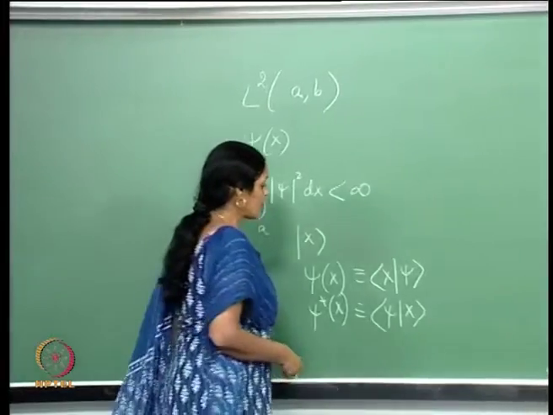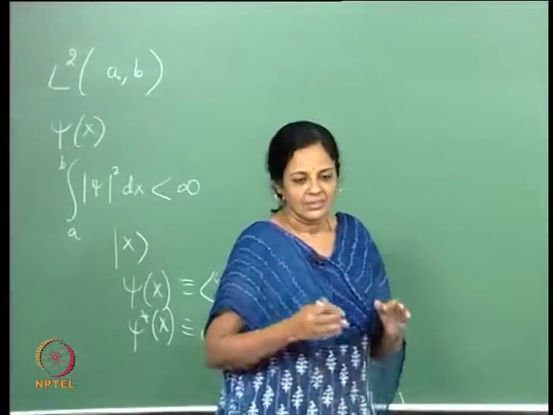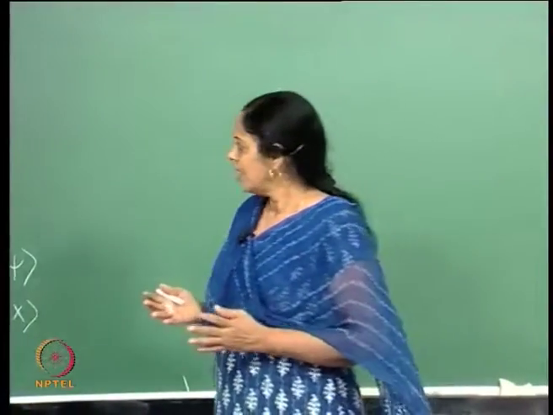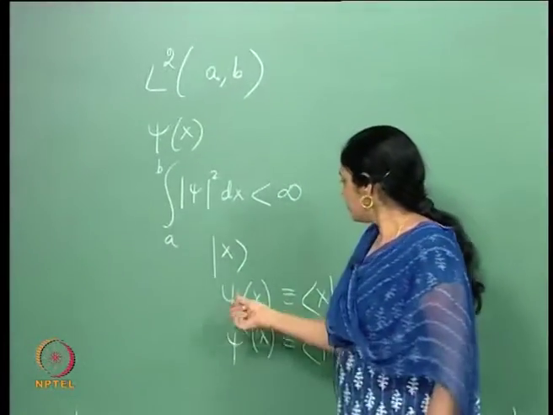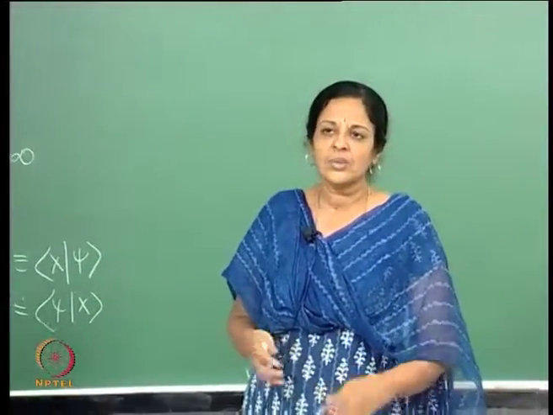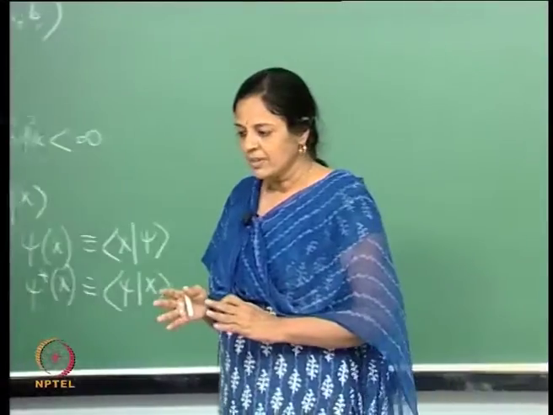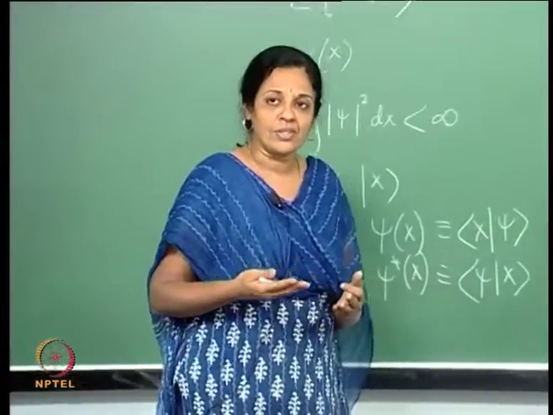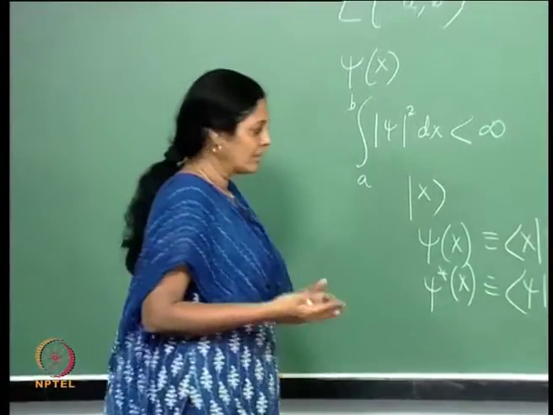Now, in this function space, wave mechanics is structured, and the Schrodinger equation really pertains to the behavior of the wave function psi of x, which describes the state of the system, an abstract ket psi represented in the position basis, and that is called the wave function.